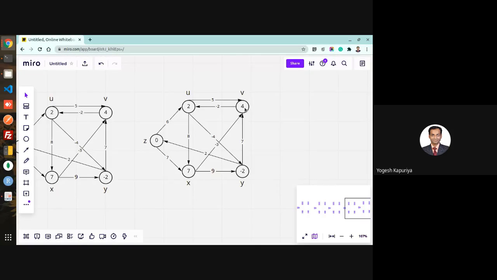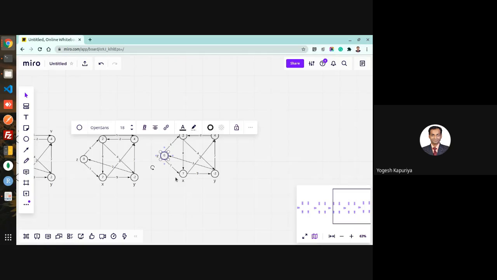Then for V, 4 minus 2, 2, no change. Then for X, 7 plus 9, 16, this is minus 2, no change. 7 minus 3, 4, no change. Then for Y, minus 2 plus 2, 0, no change. So that means these are the shortest distances of all the vertices from vertex Z.